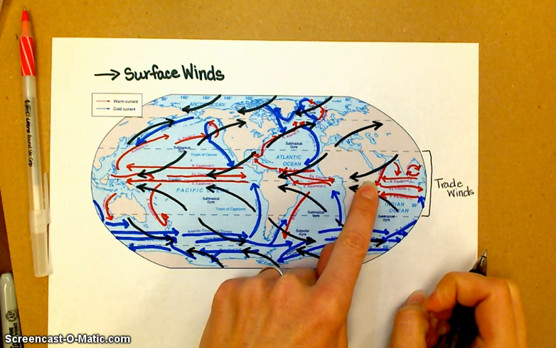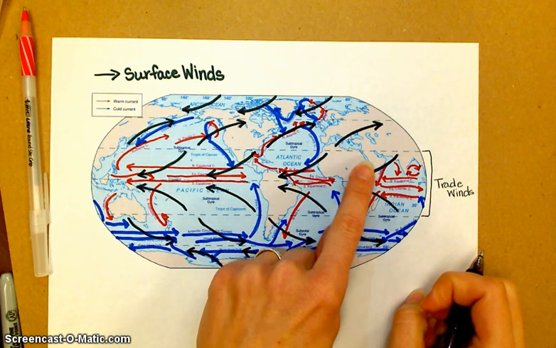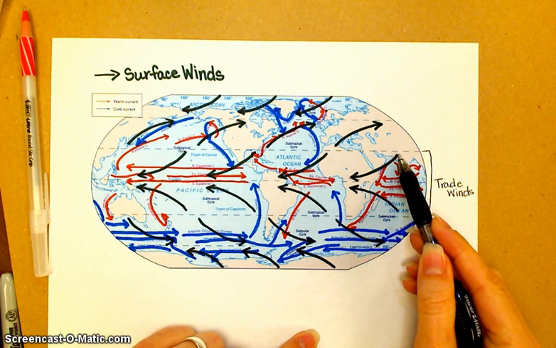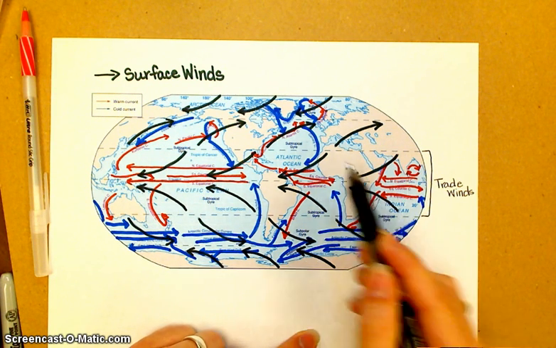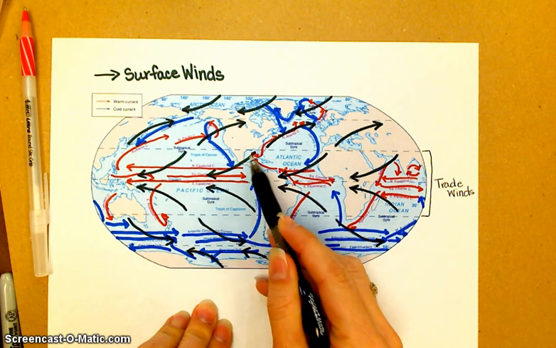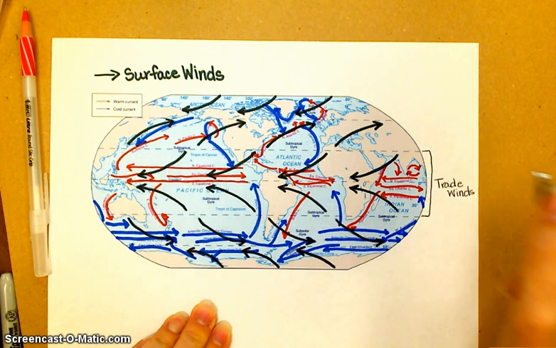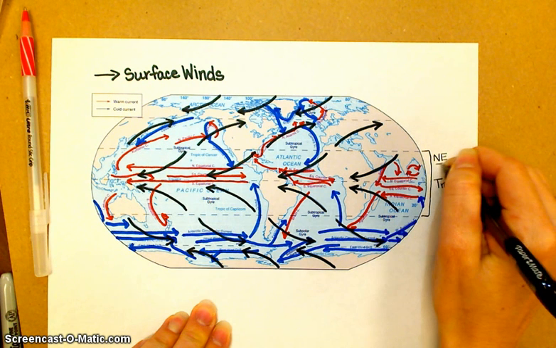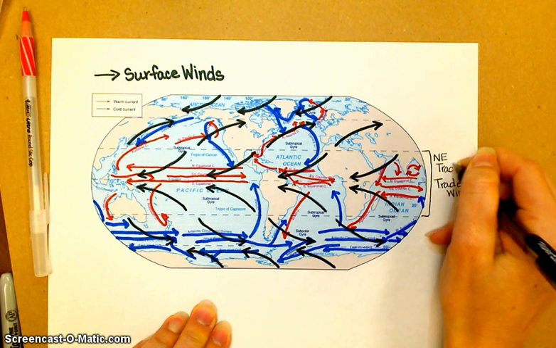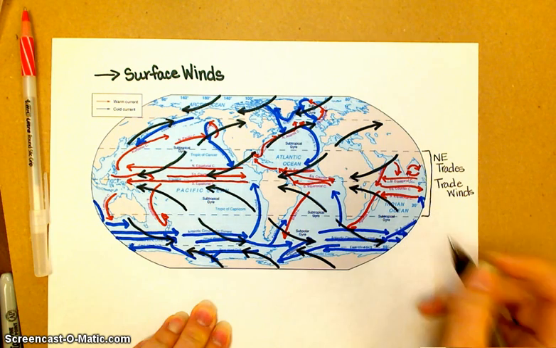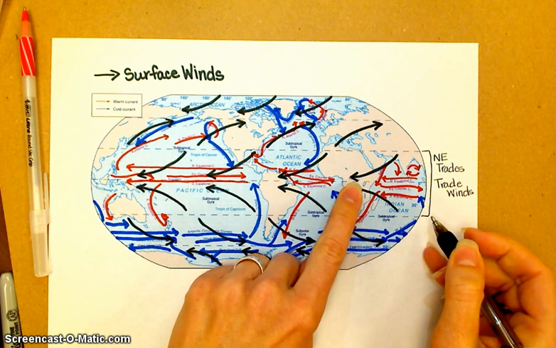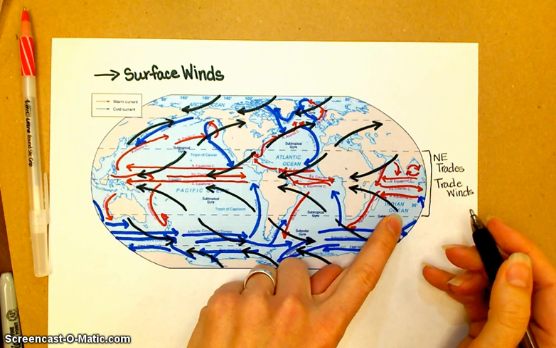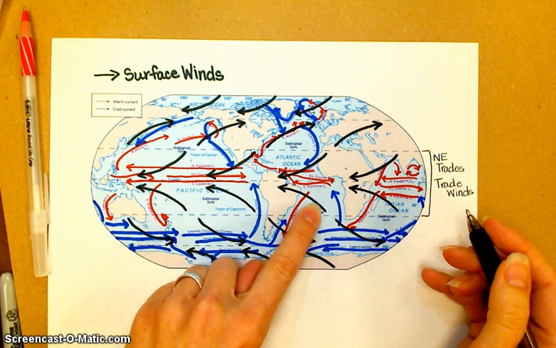In the northern hemisphere, from about the equator to about 30 degrees, these trade winds generally blow from northeast towards the southwest. You see all of those northeast to southwest arrows. So in the northern hemisphere, they are known as the northeast trades. In the southern hemisphere, from the equator down to 30 degrees south, you have the trade winds blowing from southeast to northwest.